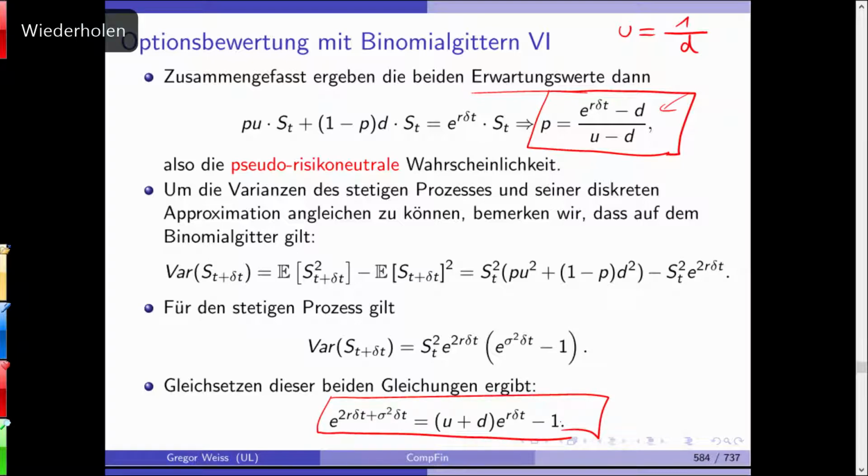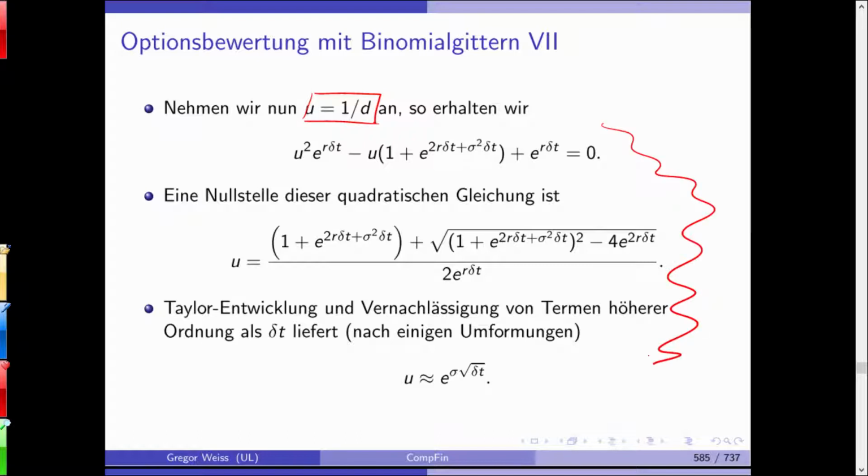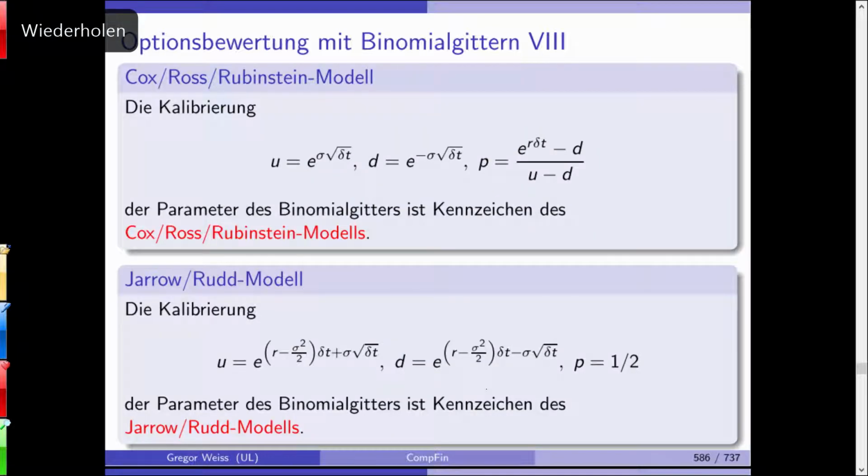You can simplify it even a little bit. We are assuming U is equal to 1 over D, and then we calculate a lot, and in the end you can see that U is almost equal to the exponential function of sigma times the square root of delta t. This is the Cox-Ross-Rubinstein model.